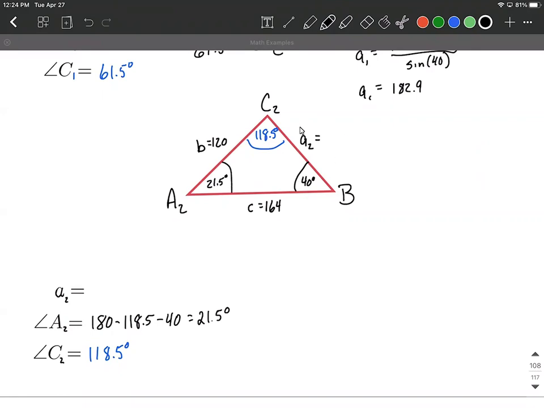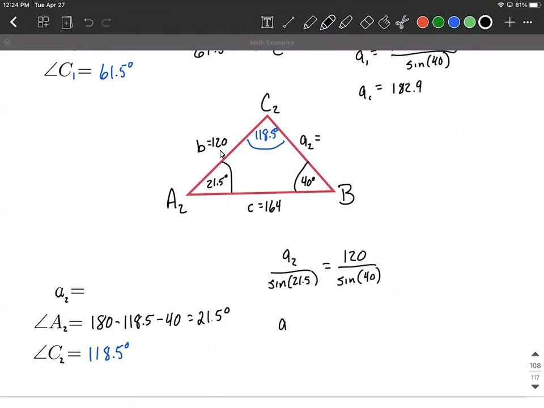All right, and then the very last thing we need to calculate is A sub 2. Again, I'm going back to the law of sines and using A sub 2 over sine of 21.5 degrees equals, I'm going to use the b's again. We could use c's just as easily, but 120 divided by sine of 40 degrees.